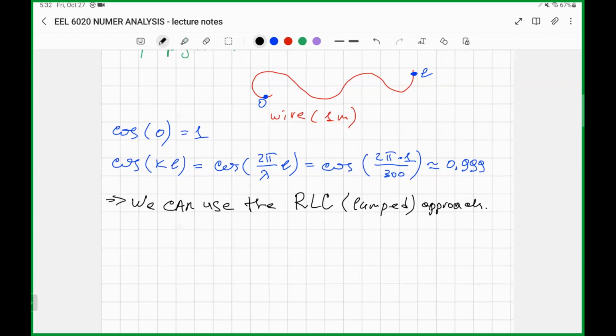So all the effects that happen in this capacitor or inductor or resistor happen in one single point. Physically, it is just one single point, and we can discuss these elements as point-like elements. That's why it's called the lumped elements approach.